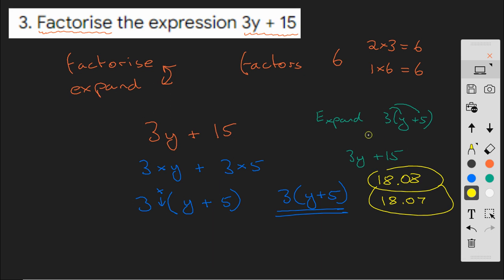If you want to have a look at some expanding, then the nugget to look for there is 18.01. But there are always a few marks for this in the exams, so these are good little nuggets and good skills to practice. But make sure that we know what these two command words mean.